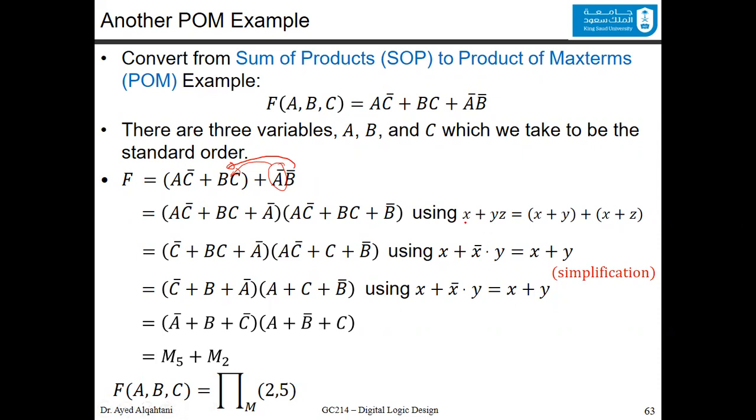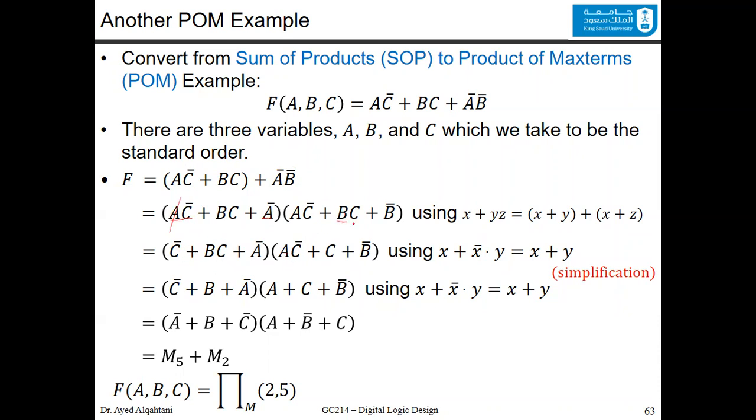Now, remember, we have the simplification rule. If you have it this way, you could cross the x bar and you end up with x or y. By doing the simplification, you can see that you have here this with that one, a c bar with a bar, and you can cross the a.